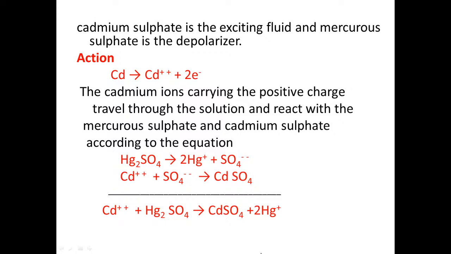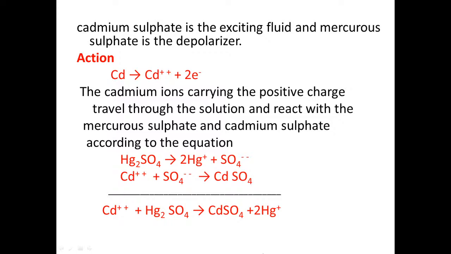Action: cadmium changes to cadmium ions plus 2 electrons. The cadmium ions carrying the positive charge travel through the solution and react with the mercurous sulphate and cadmium sulphate according to the following equation.